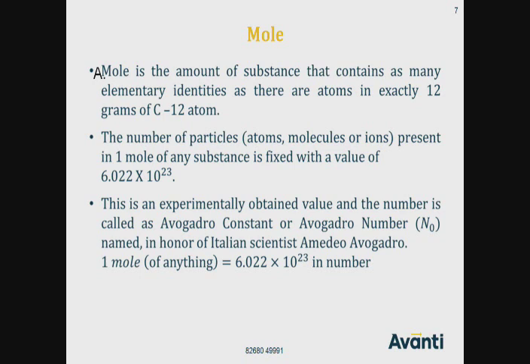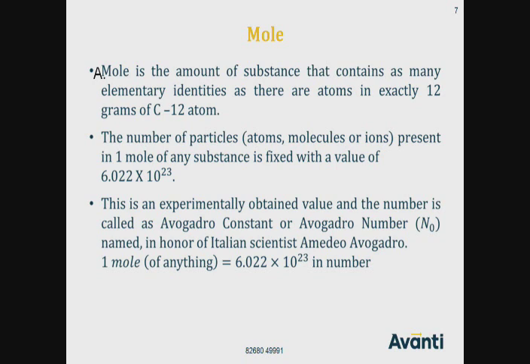If I say score, score is also a word, and score means 20. If I say 1 score of a particular substance, it means I have 20 of them. If I say 1 score of an article, it means I have 20 such articles.